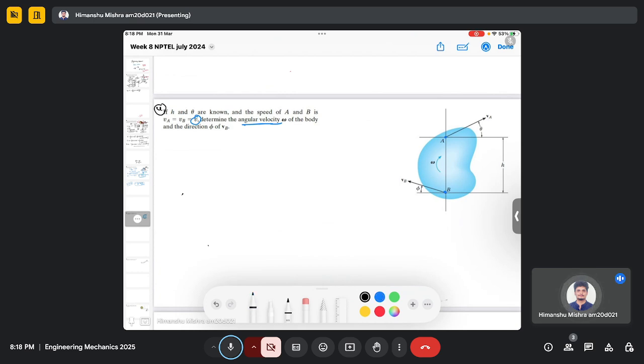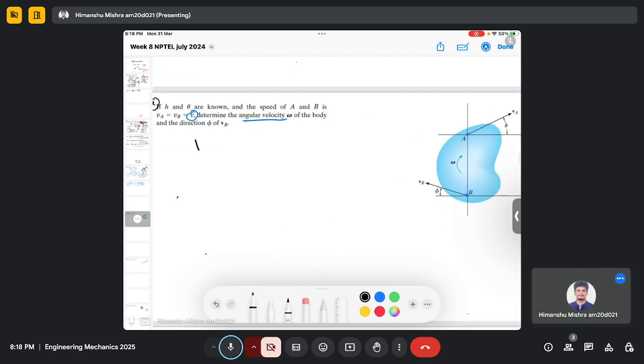So using the fact that Vb equals Va plus the relative velocity of point B with respect to A, and in the beginning of this tutorial we saw that the relative velocity is given as omega cross r.